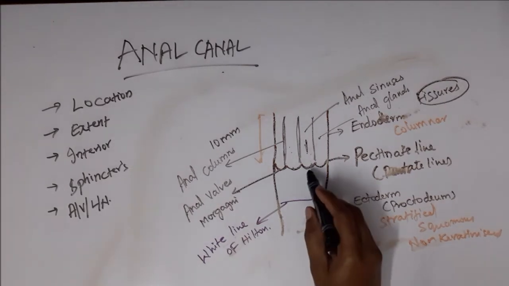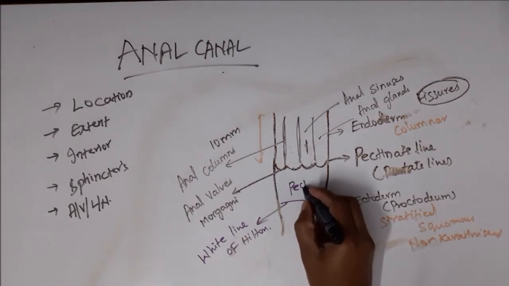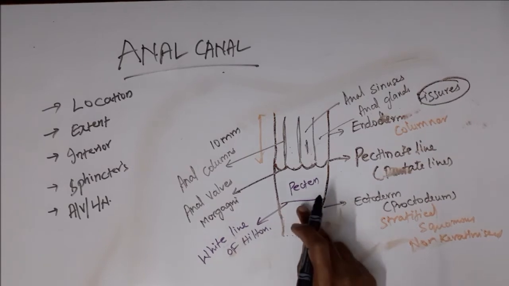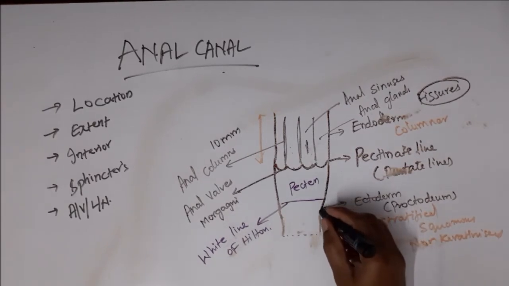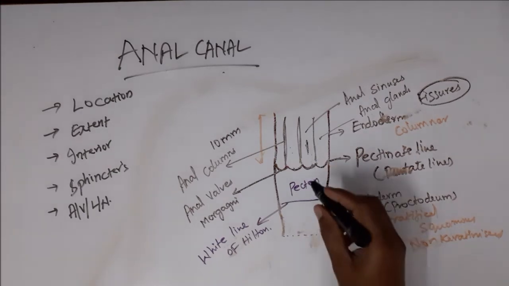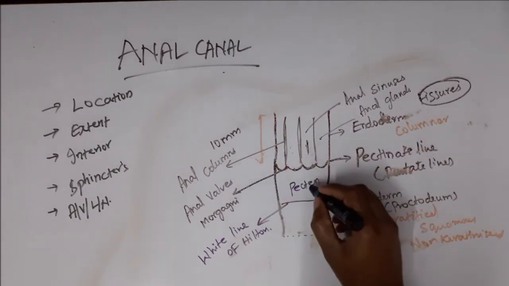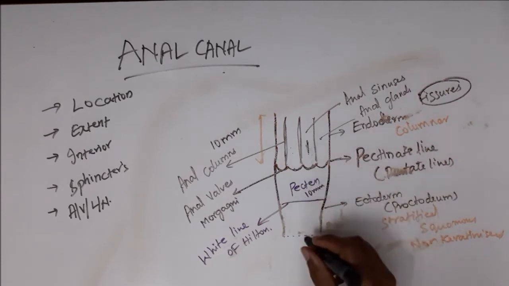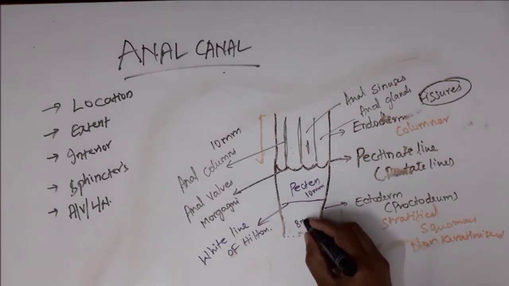The region between the pectinate line and the white line is called pecten. Above this white line, this region is approximately 10 mm, and the area below this white line will be approximately around 8 mm.